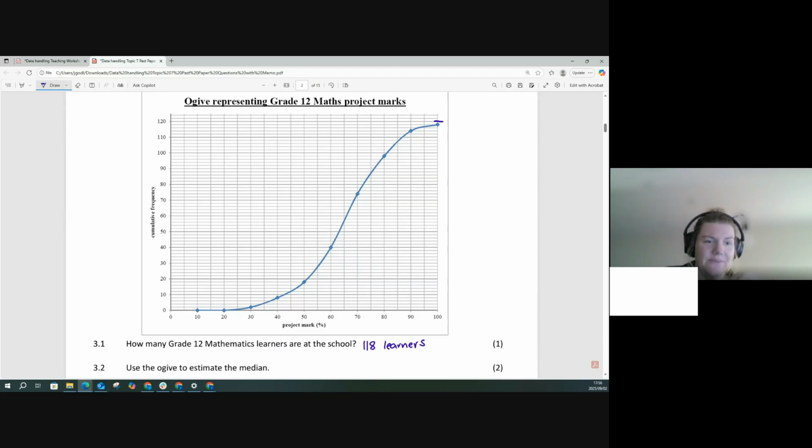Okay, let's see. So if I'm looking for the median, I want to look at position 59, so somewhere like really, really close to 60. I want to look at that position, and then I'm going to go all the way down, and I'm just over the line, so I'm going to go with 66%.